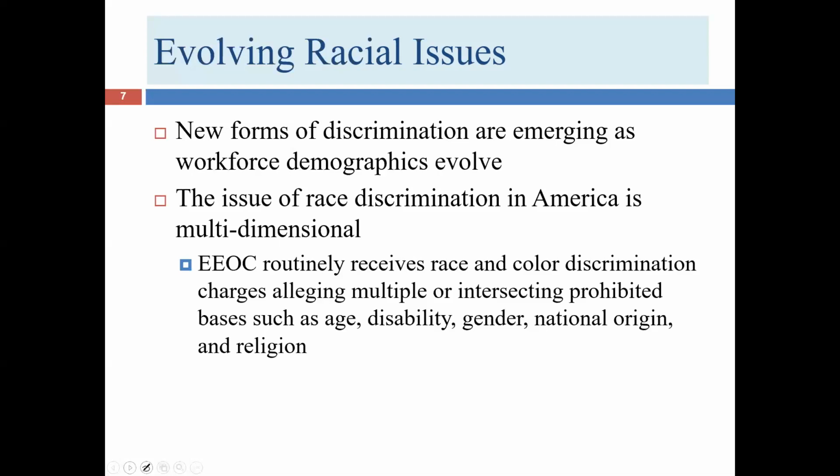Sometimes race discrimination can be connected to other types of discrimination. For example, it might be that an African American man might be perceived incorrectly as being more likely to be violent than a Caucasian man or a Caucasian woman or an African American woman.